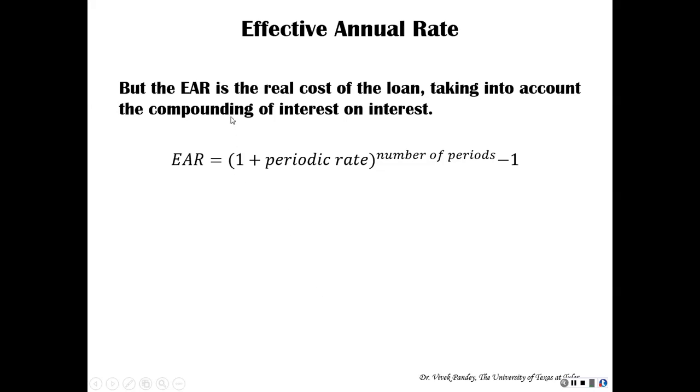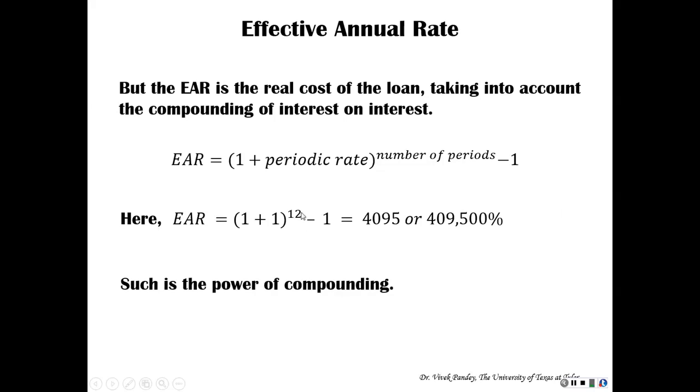We've got to calculate the effective annual rate, and the way it was defined earlier, the effective annual rate is 1 plus the periodic rate, in this case the monthly rate, raised to the number of periods in a year, which in this case is 12, the number of months in a year, minus 1. In decimals, the interest rate of 100% is just 1.